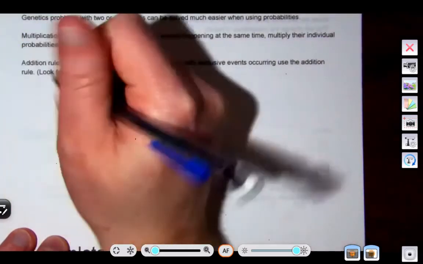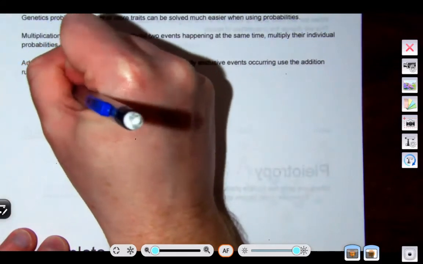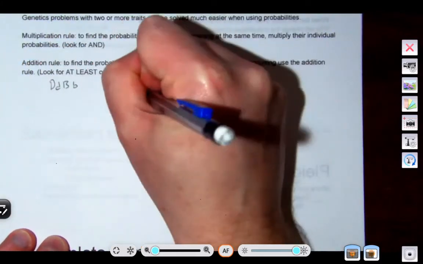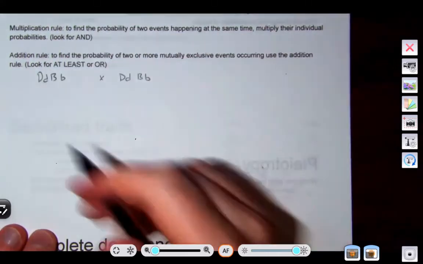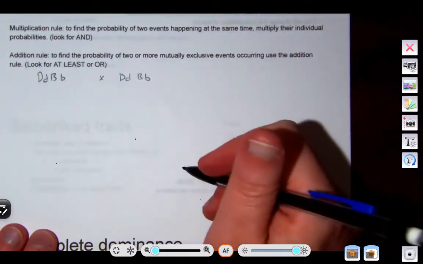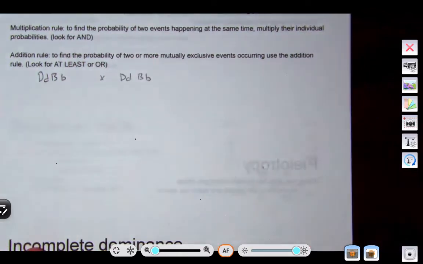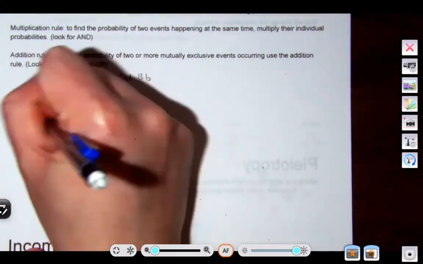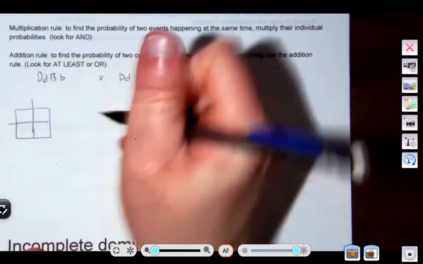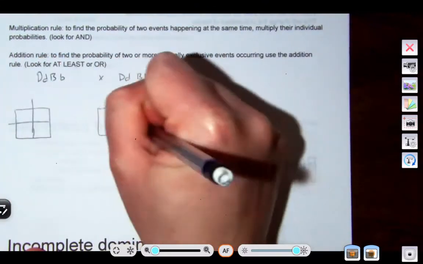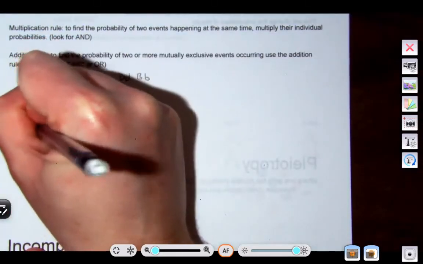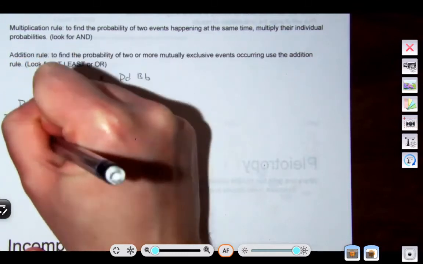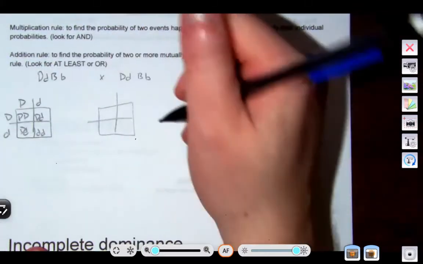So if I cross big D, big B, little b by big D, big B, little b, and I want to know my genotypes and phenotypes, instead of making a giant Punnett square and filling it in for 5 minutes, wasting time that I could spend on other things, I can use some basic probability. I'm just going to set up 2 quick Punnett squares. These are much quicker than the 4 by 4s.